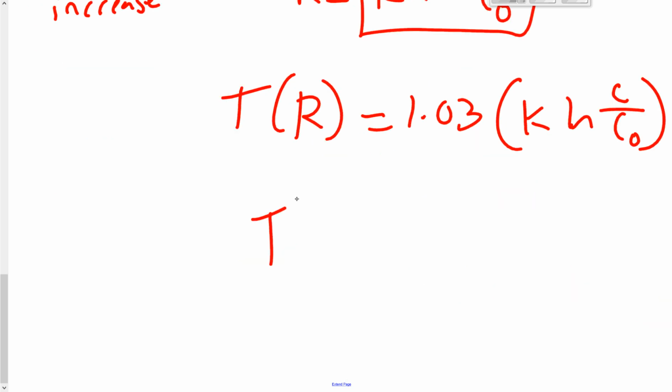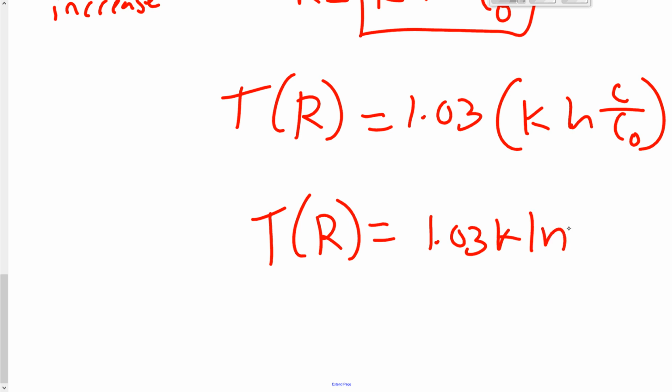and we get T of R. So our average global temperature increase is 1.03 times our K, our constant, times ln of C over C sub 0.